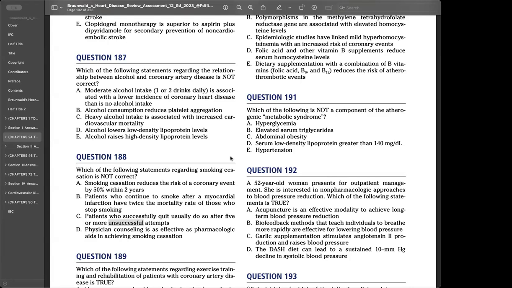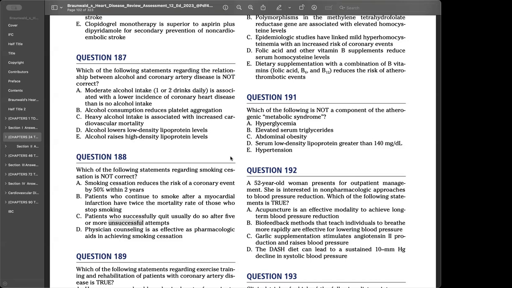C, heavy alcohol intake is associated with an increased cardiovascular mortality. D, alcohol lowers low density lipoprotein levels. E, alcohol raises high density lipoprotein levels. So for this question, we're interested in the wrong option, the statement that is not correct.